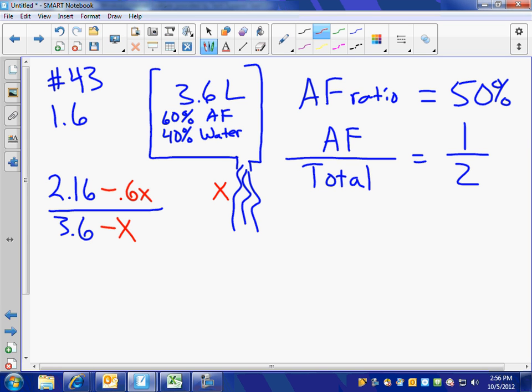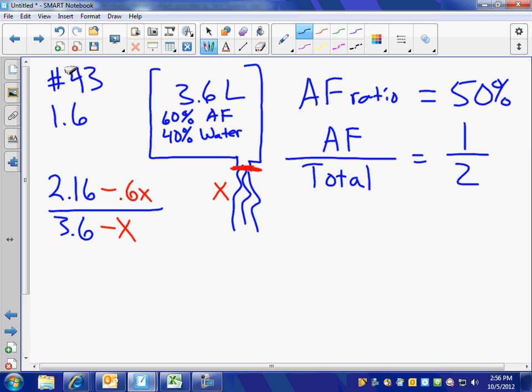Now, let's cap it off. Capped off, what are we going to do? We're going to refill it. What are you going to refill it with? Water. If I refill it with water, does that change the amount of antifreeze? No. Does that change the total amount? Yeah.